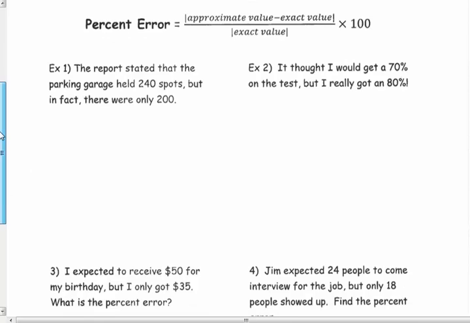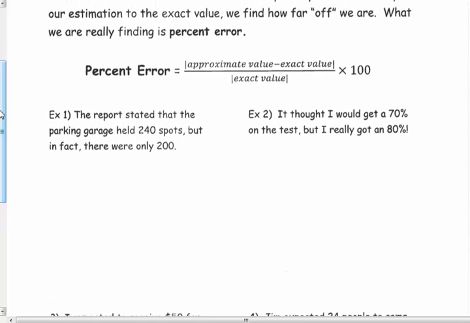So it's very similar to percent of change. It's very similar. There's a difference. There's a subtraction that we're going to do. We're going to subtract and find out what our oops is, and then put it over the real value that it's supposed to be.